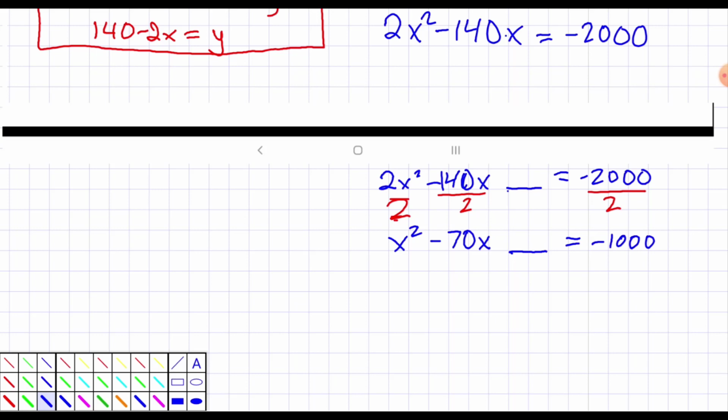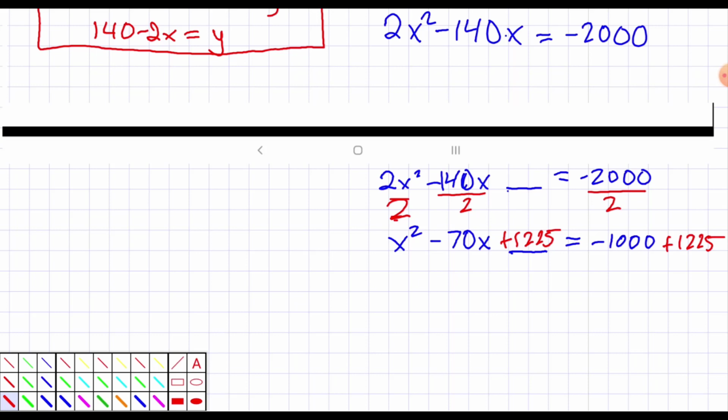Perfect. Now let's complete the square real quick. Let's see what we get here. 70, divide 70 by 2 is 35, and 35 squared. What is 35 squared? Let me use my calculator real quick. That is 1,225. So I'll make sure I add that to both sides, 1,225.